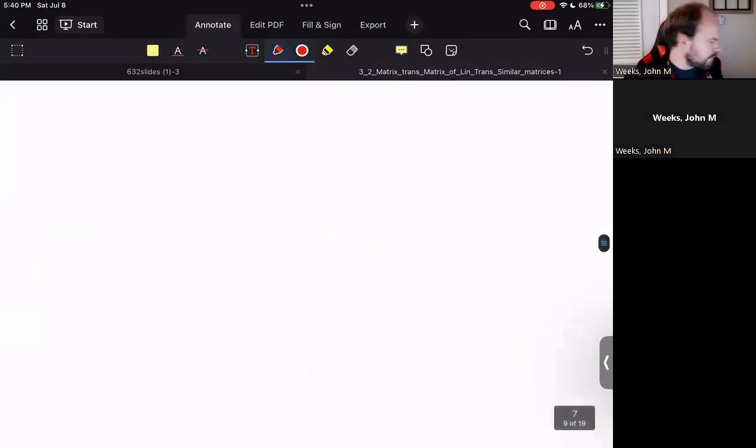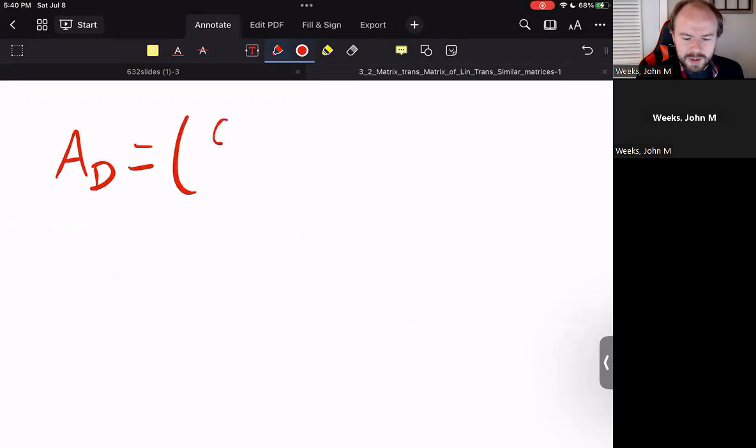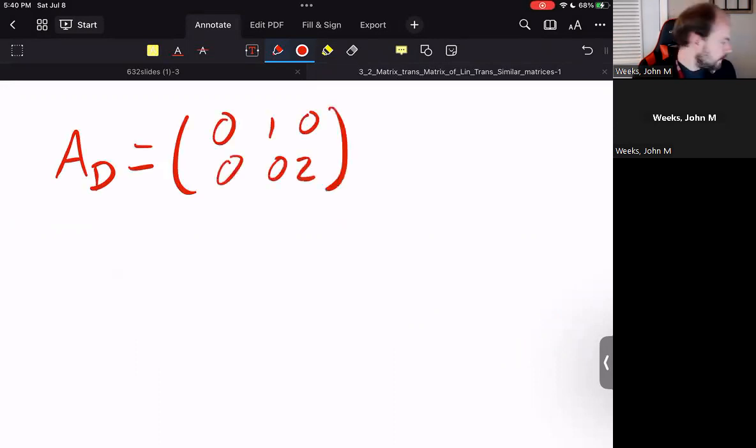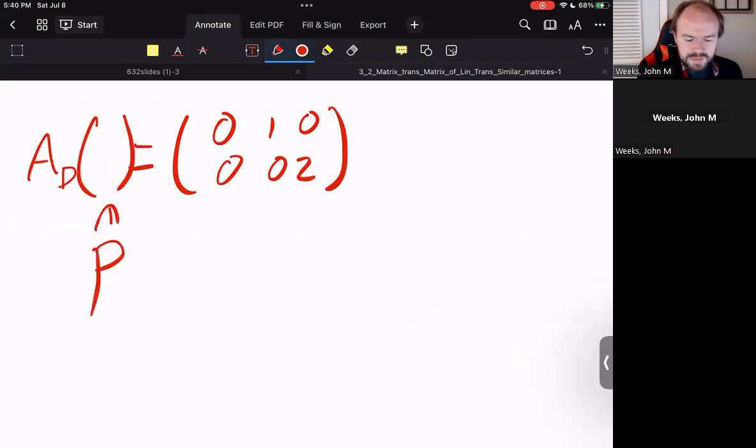Let's go ahead and get some practice with this. I want us to see what this sort of thing looks like. So let's take this matrix A_D. I'm going to write it down again. It should have 0, 1, 0, 0, 0, 2. And what's going to happen is we're going to be plugging in an element that comes from the polynomials of degree 2 or less.